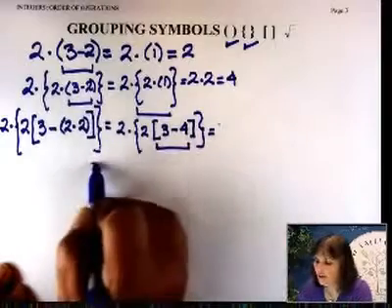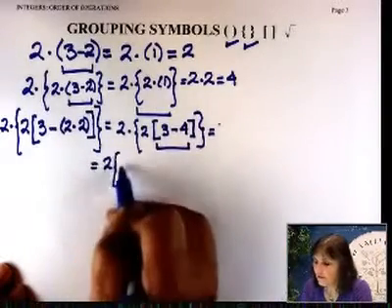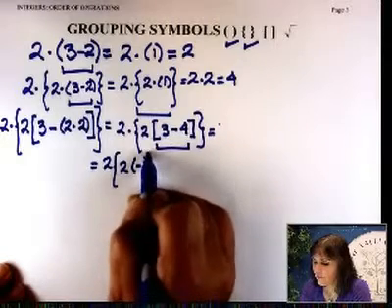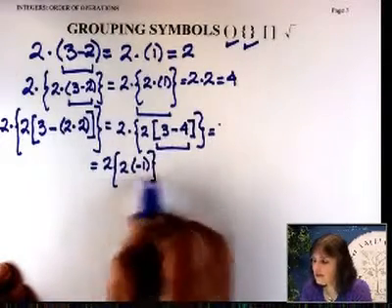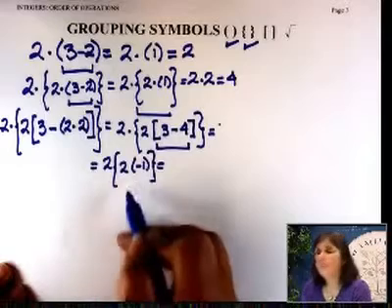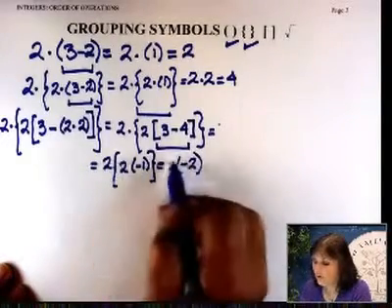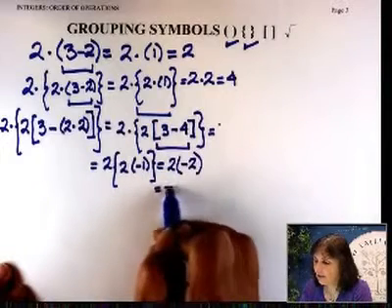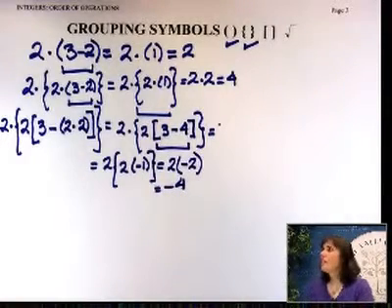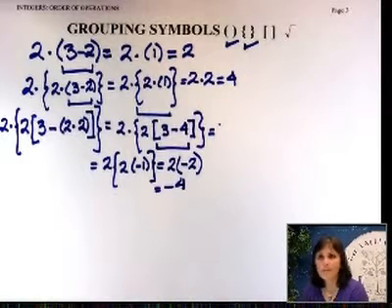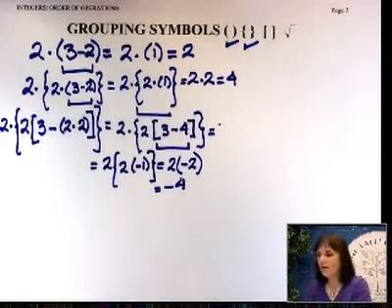I write everything else. 3 minus 4 is negative 1. Now I do what's inside the braces. 2 times negative 1, that's negative 2. And you have a 2 in front of it, and you have negative 4. So the key is when you are doubling, tripling up all the grouping symbols, do them from inside out.